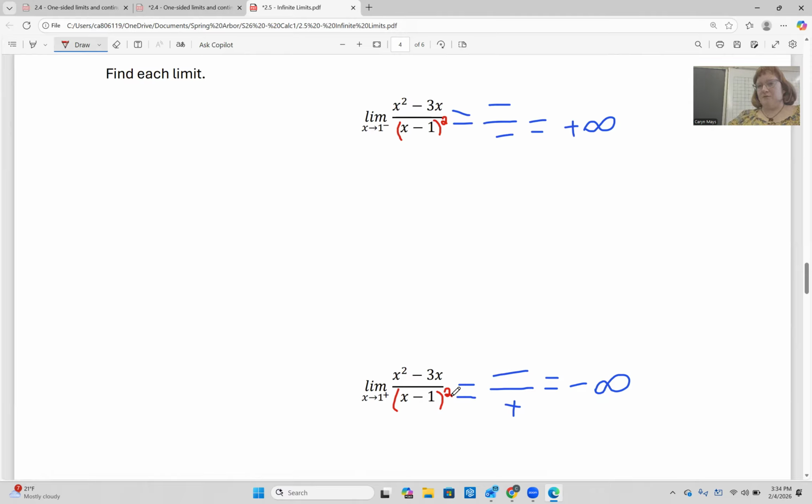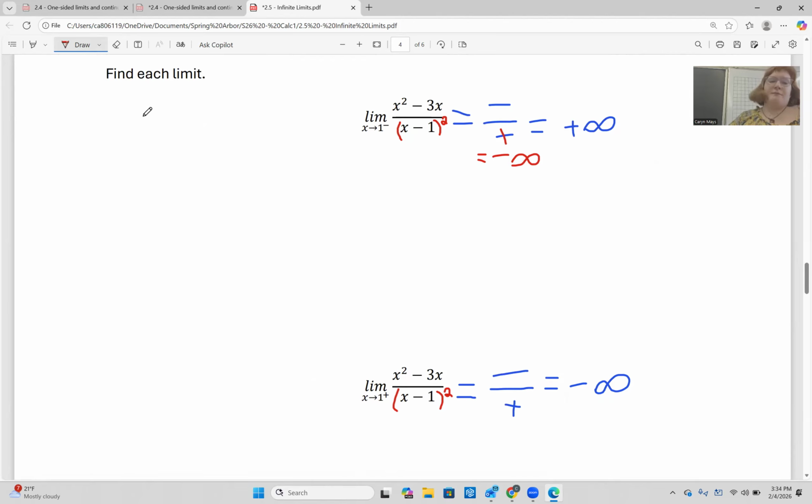The top one, y. When I square a negative, it becomes a positive. I'd have a negative divided by a positive, which would be a negative infinity in our alternate reality case. In this one, squaring a positive is still positive.